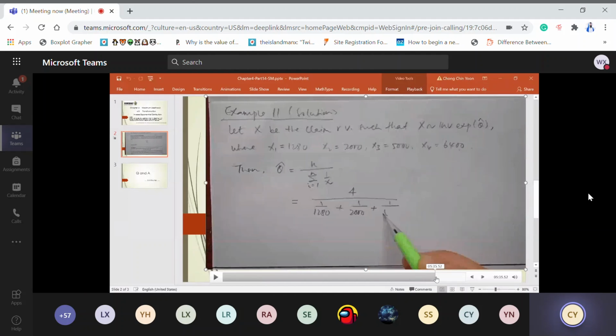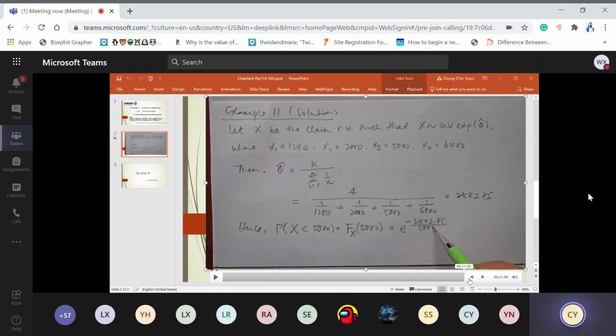Just substitute all the values, and you will find theta is just 2442.75. Once you have this parameter for the inverse exponential, we can solve this problem by using the formula from table C. You will get about 0.6135. Just apply the formula only. Very simple.